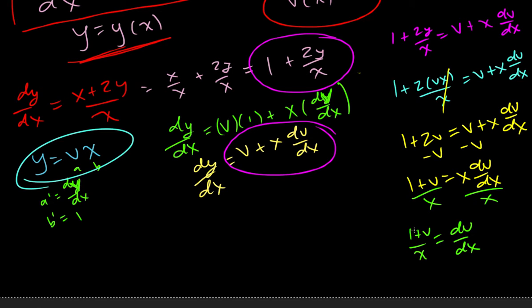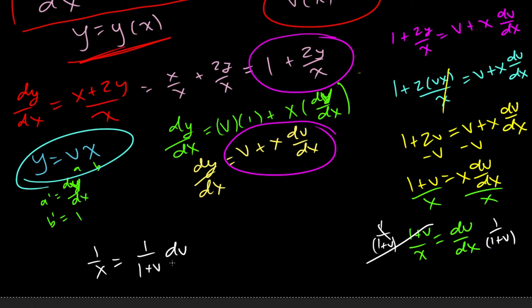And then we will divide both sides by 1 plus v, or just multiply by 1 over 1 plus v. So that leaves us with 1 over x is equal to 1 over 1 plus v dv dx.